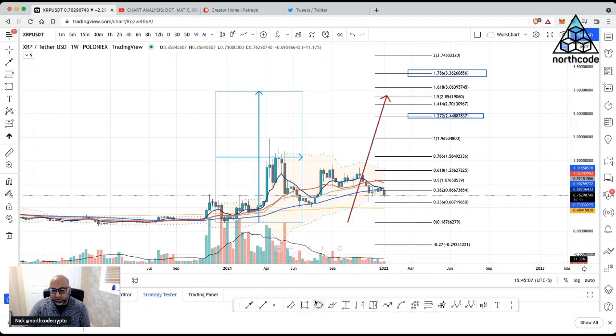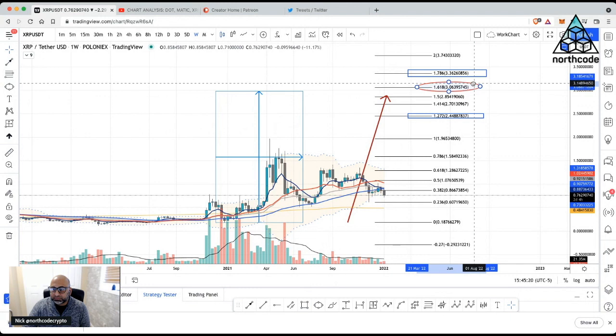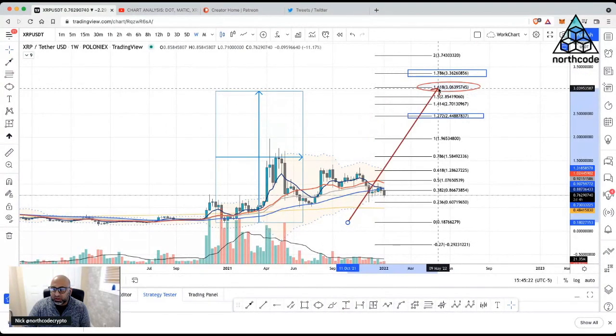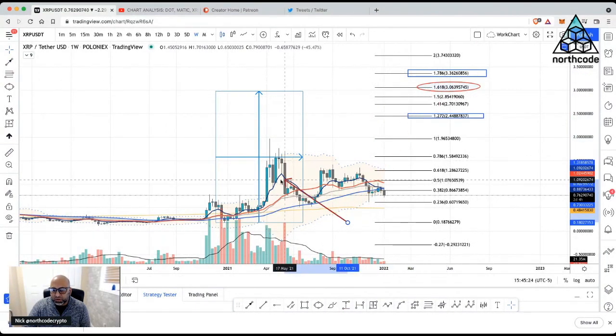So, I would also map that as another profit-taking area for this coin. And I'm just going to use the circle tool here, just to mark it as another key level. So we're going to wait and see what happens with XRP.